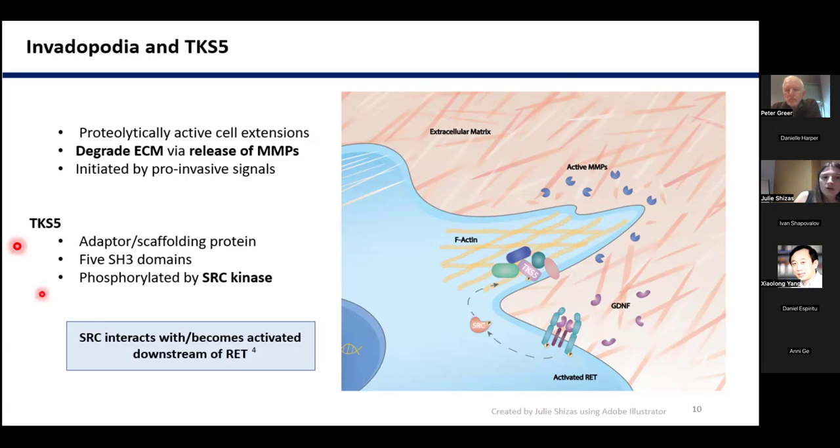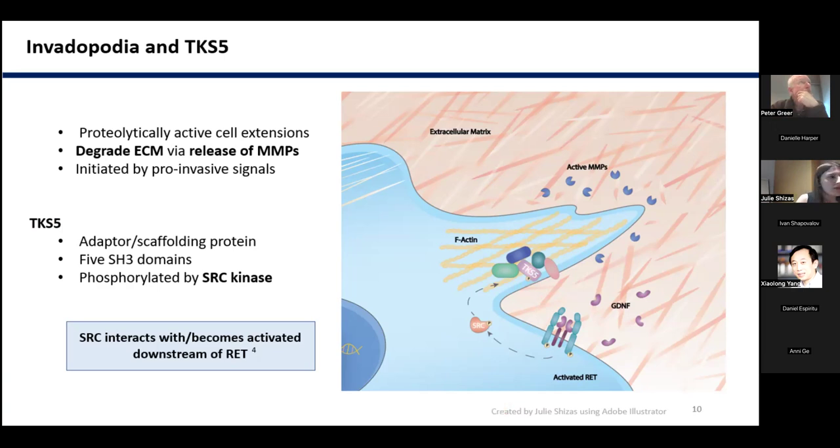And then I just want to highlight TKS5, which I mentioned on the previous slide. TKS5 is a scaffolding or adapter protein with 5 SH3 domains, so it's able to bind several partners at the same time. It's not a kinase, and it doesn't elongate the actin filaments, but I would call it the glue where other actin nucleation factors and adapter proteins can bind to it.